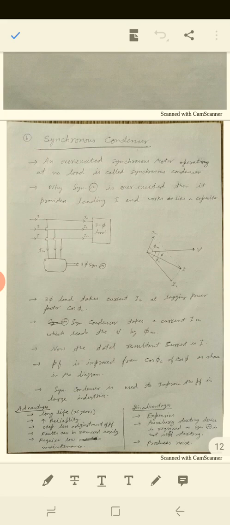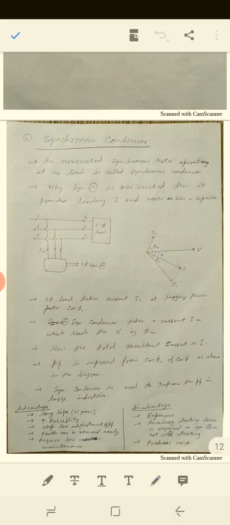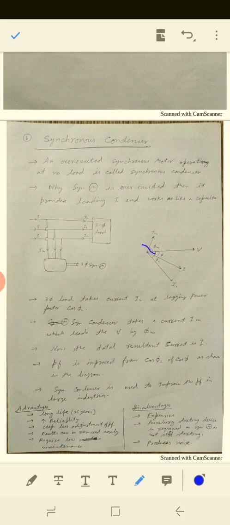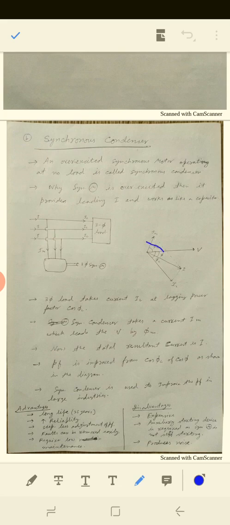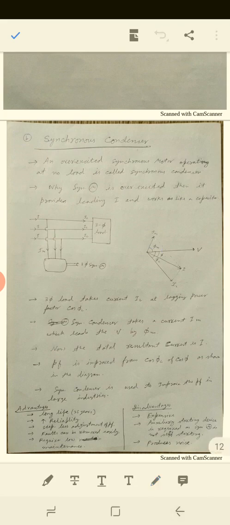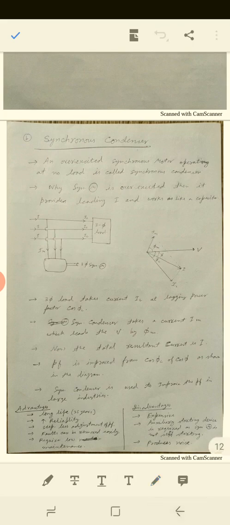As the overexcited synchronous motor at no load works as a capacitor, the Im is leading with respect to the voltage V, and it leads by an angle phi m.